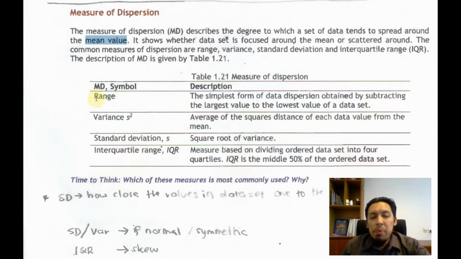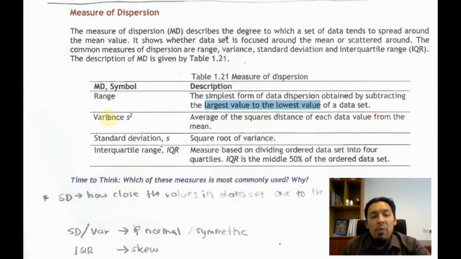The first one, the simplest one, is known as range. This is where you subtract the lowest value from the largest value. So just find the largest value in your data and subtract the lowest value of the data. Hence, that range will be used to measure the dispersion of your data.